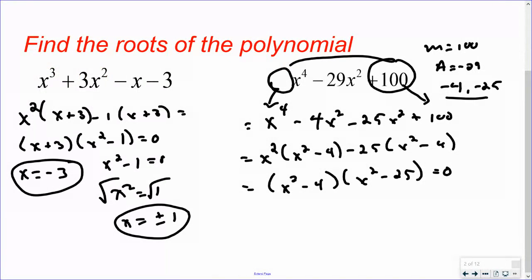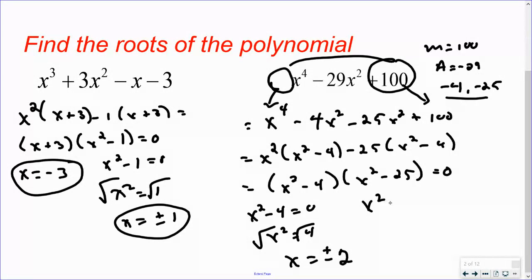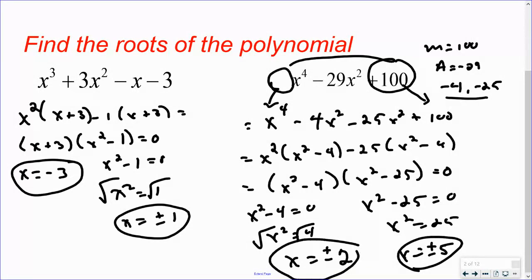Same thing as what I just did: x squared minus 4 equals 0, x squared is equal to 4, take the square root of both sides, x is plus or minus 2. x squared minus 25 equals 0, x squared is equal to 25, x is equal to plus or minus 5. Both of these are examples that I can actually finish, so that worked out really well.